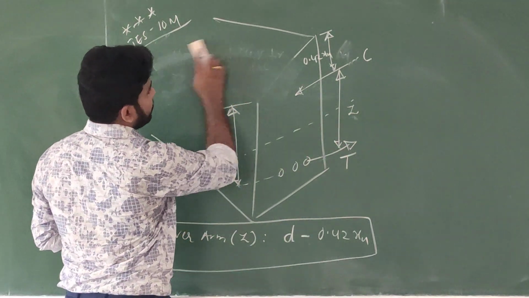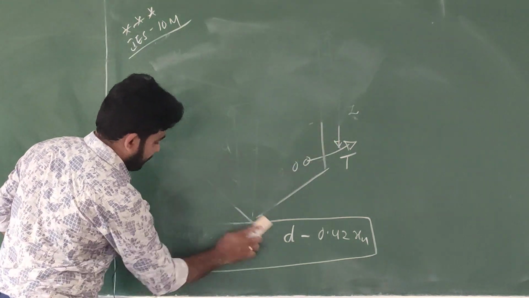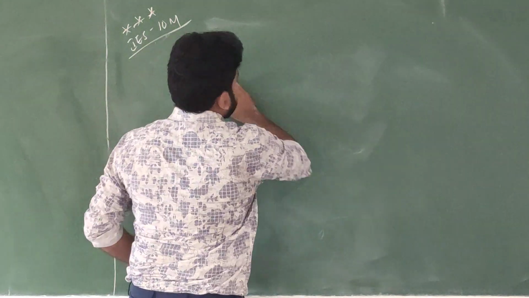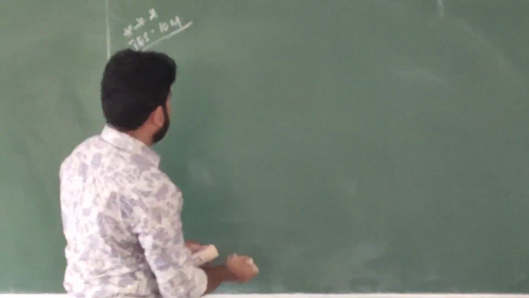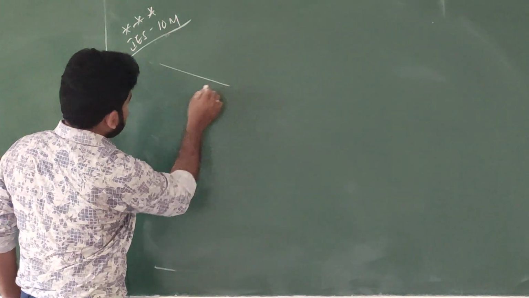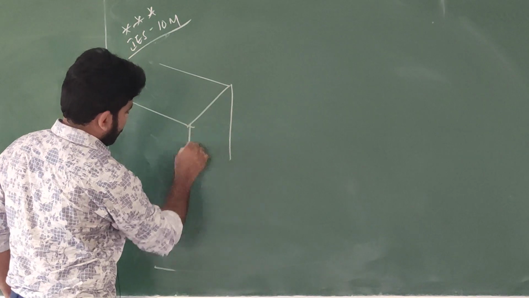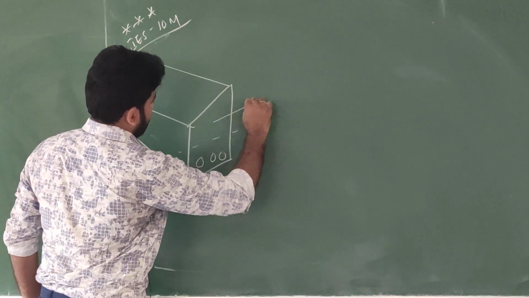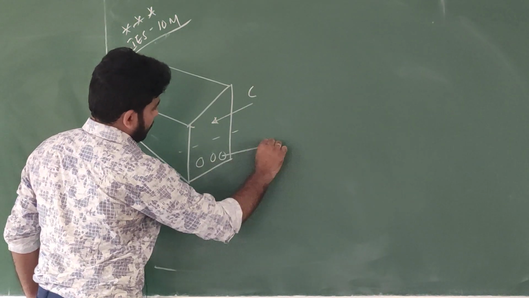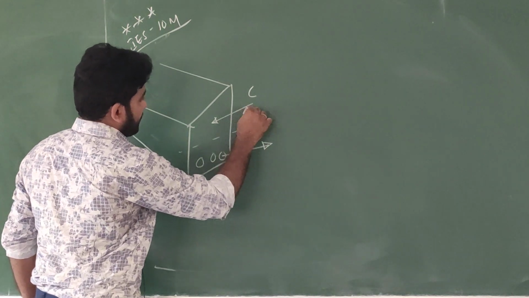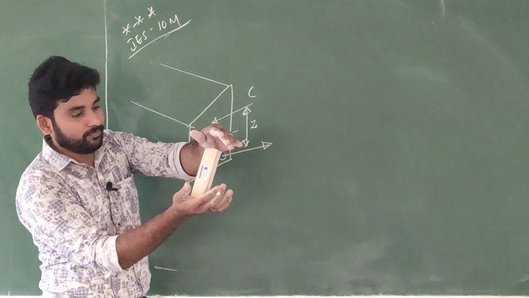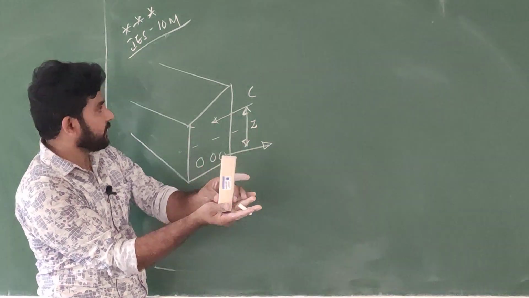Now I am calculating. Now this compressive force equals, and this is the perpendicular distance, lever arm Z. Now I am finding the moment, which is nothing but this force into this perpendicular distance.